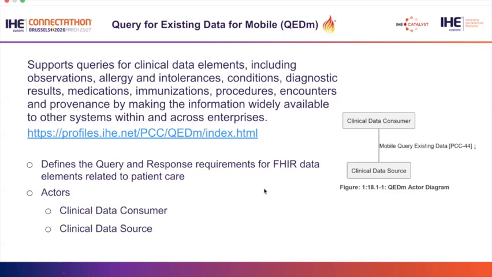Again, this is for FHIR. We have a query for existing data that was initially created for non-FHIR transactions as well, but the QEDM is specifically for FHIR resources. Next slide, please.